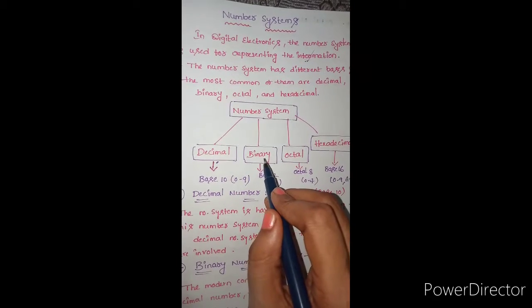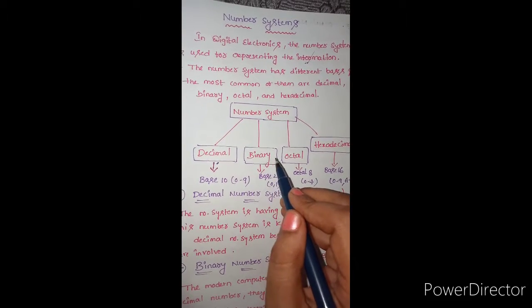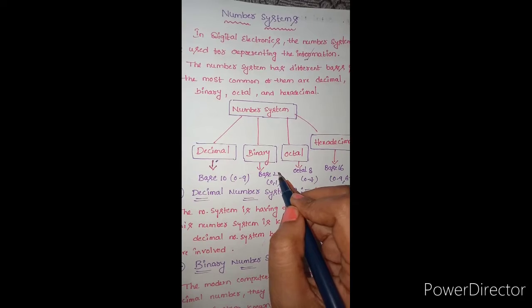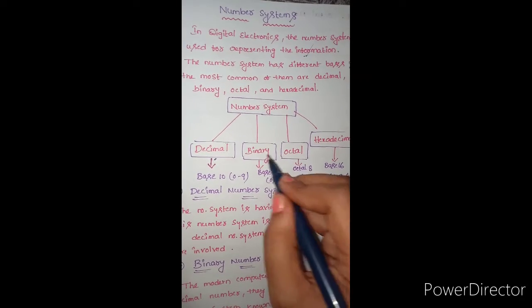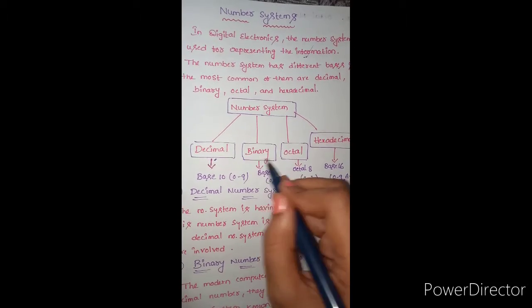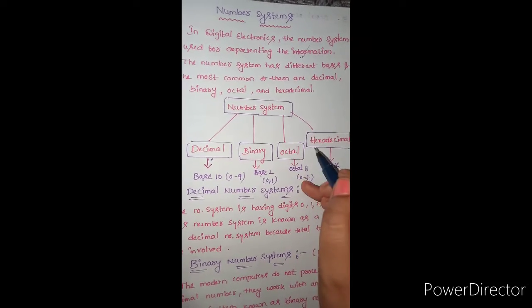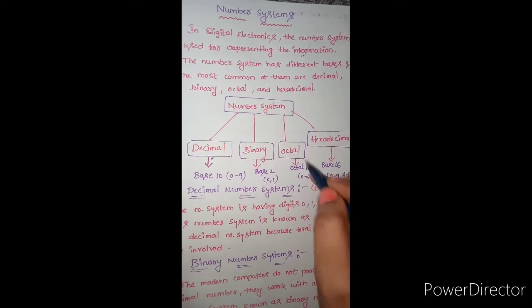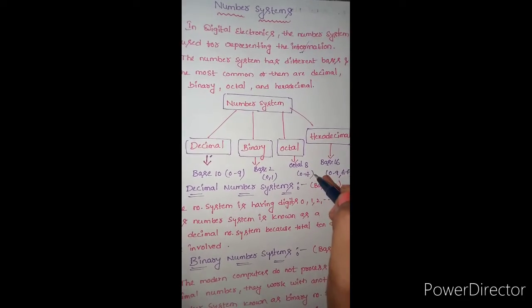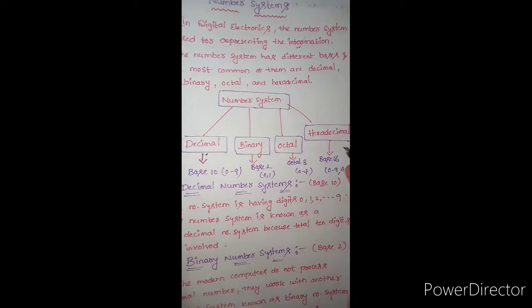Coming to the binary number system, binary means 2. The base or radix of the binary number system is 2. That means only 2 digits are involved in this system, so it is known as a binary number system. Octal number system: octa means 8. The base or radix of the octal number system is 8. That means 0 to 7 are involved here.